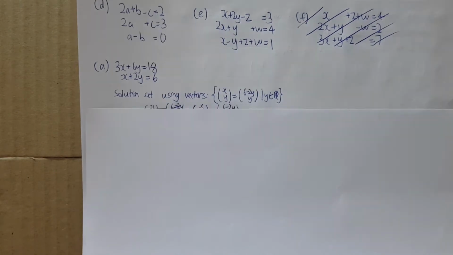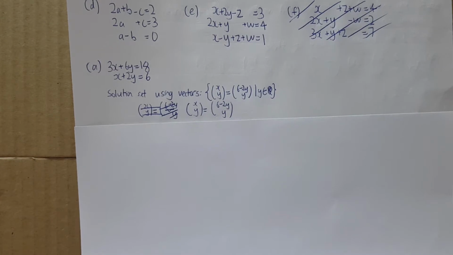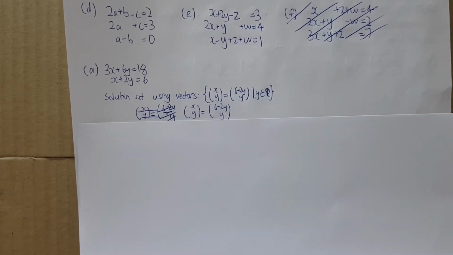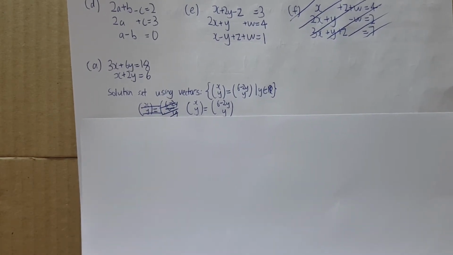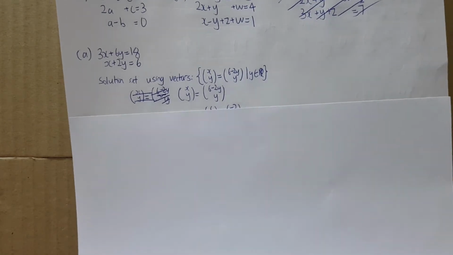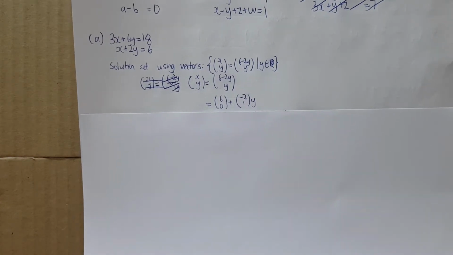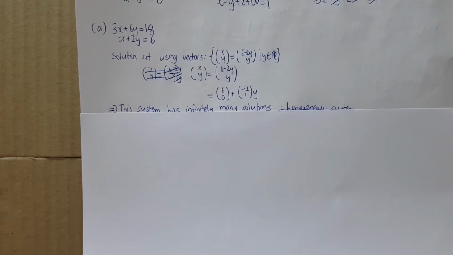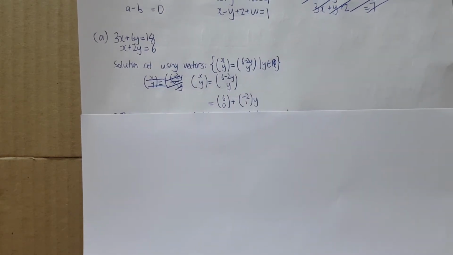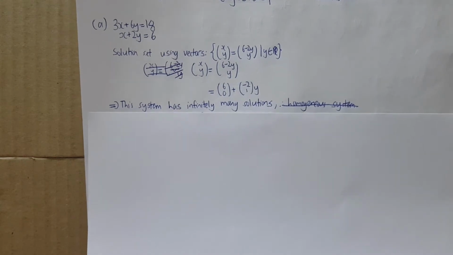Now, this is our solution set for x and y. x is 6 minus 2y and y equals y, and hence we write it in vector notation in this form. As you can see, since it has a free parameter, which is y, the system has infinitely many solutions.